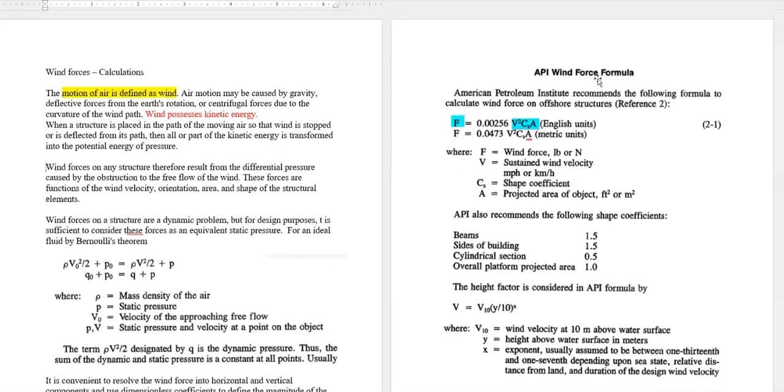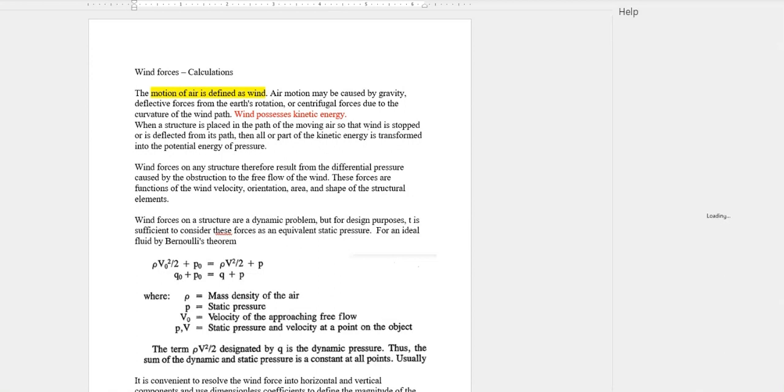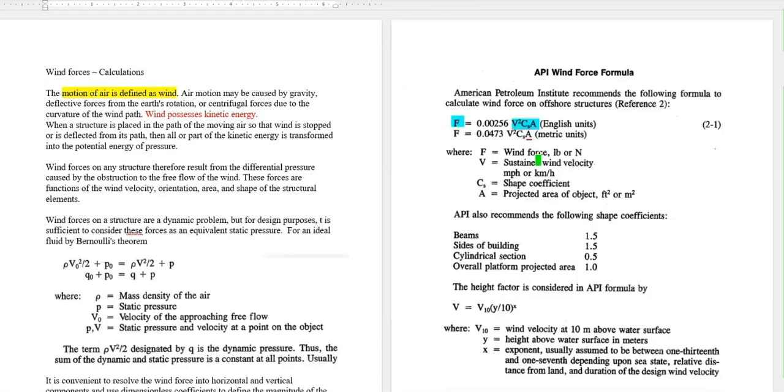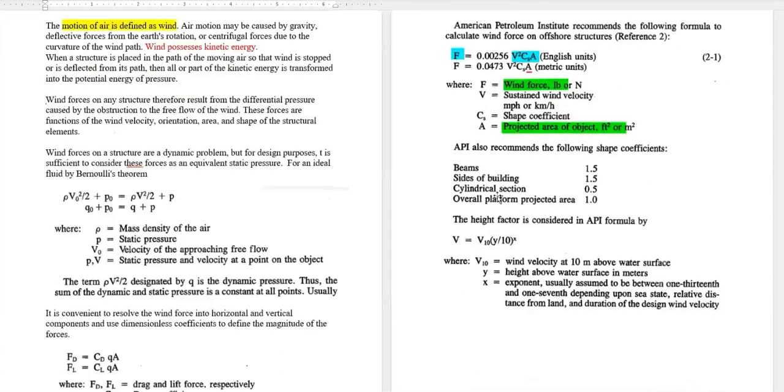So let's now see the API wind force formula. The American Petroleum Institute recommends the following formula to calculate the wind force on offshore structures. Wind force, just now we have seen, depends on the projected area of the object and the shape coefficient: beams 1.5, sides of building 1.5, cylindrical section 0.5.